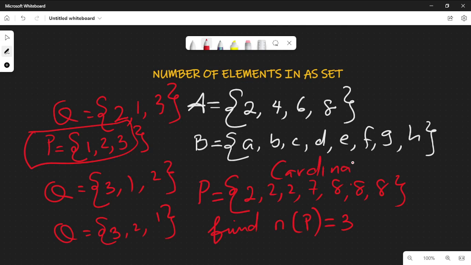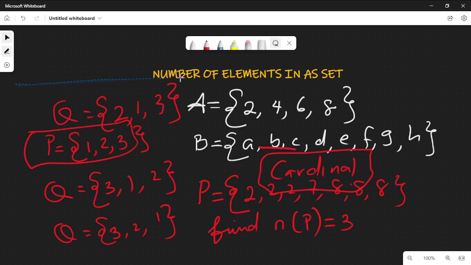Alright, so if that is the case, we can now move on to the next one. So this is all about the number of elements in a set, and I believe you understand that now.